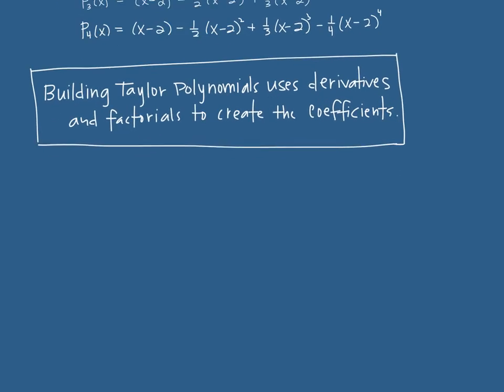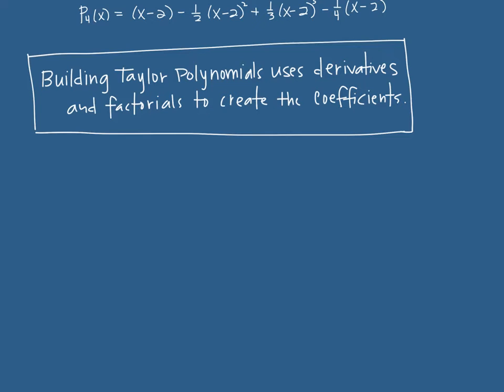Yes? So if the polynomial for natural log goes on forever, does that mean the order of natural log is infinity? No, it's not the order of the natural log, it's the order of the Taylor polynomial that you create. The higher the order, the more accurate it will be. So the coefficients are like this.